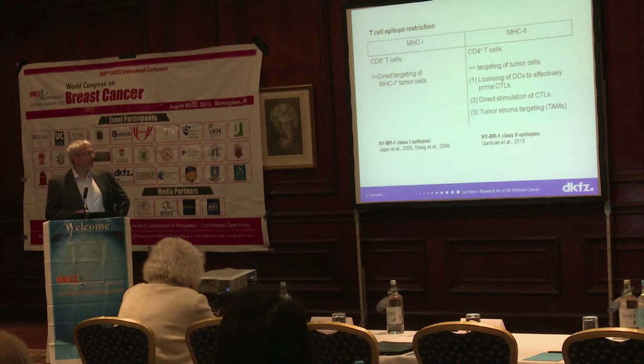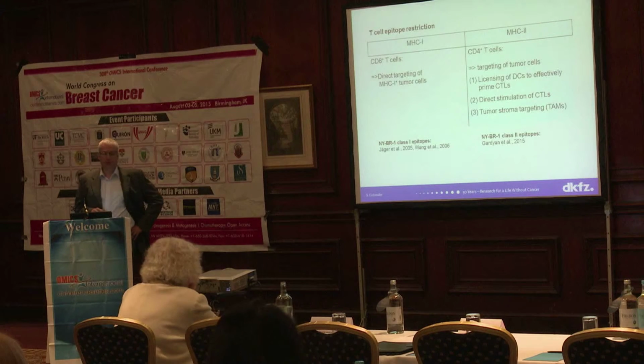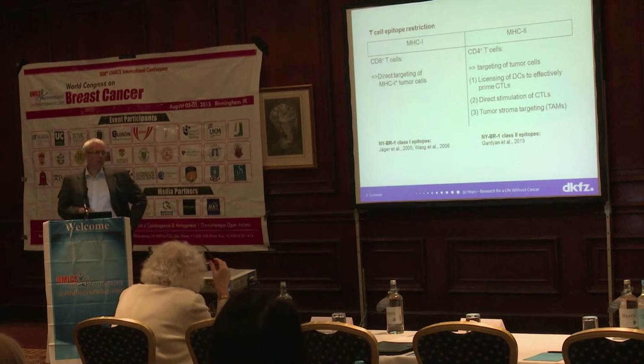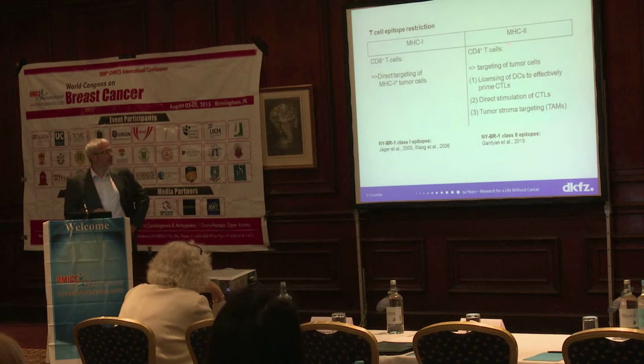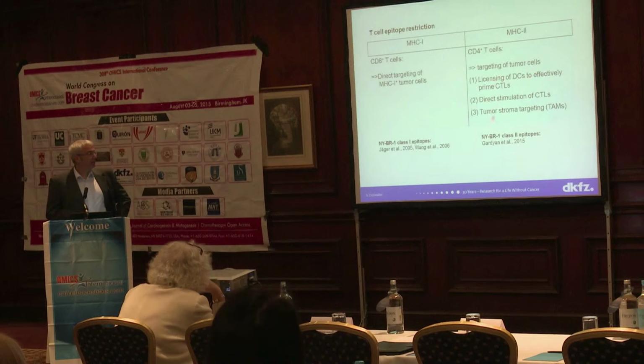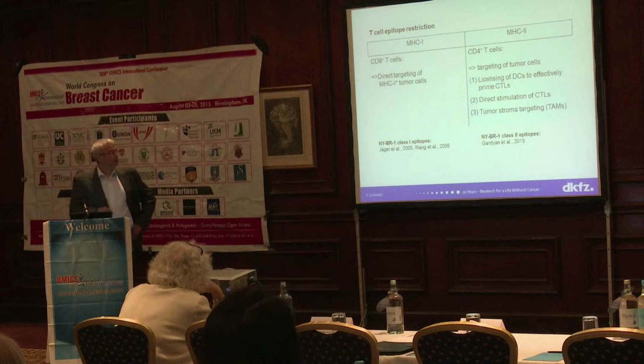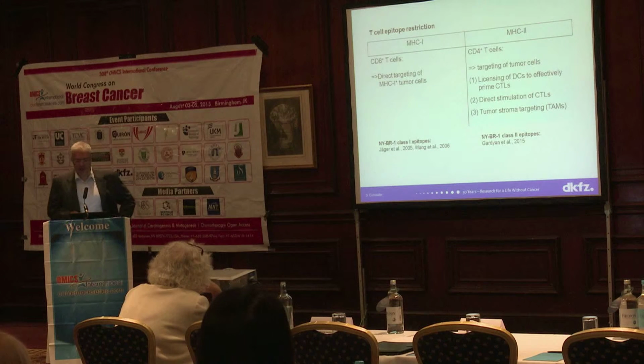In some cases, you can have a direct targeting of tumor cells if you have class 2 positive tumor cells, which is, for example, very common in melanoma, but very rare in breast cancer. Normally, breast cancer cells are negative for class 2. But there are a number of other very important effects of class 2 presentation.